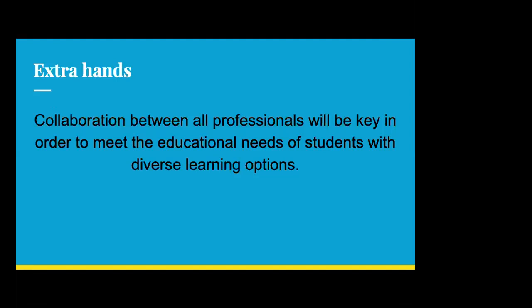So now you have an extra person in the room. What do you do? Collaboration between all professionals is key in order to meet the educational needs of students with diverse learning options. Collaboration is really the big one here. If you can't collaborate with that person, then it's like they're not even there.